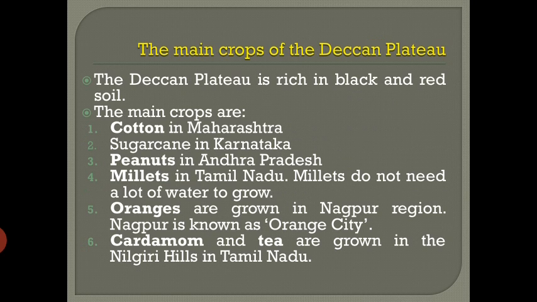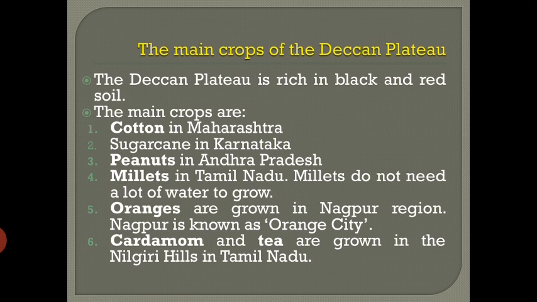Millets do not need a lot of water to grow. Oranges are grown in the Nagpur region. Nagpur is known as Orange City. And cardamom and tea are grown in the Nilgiri Hills in Tamil Nadu.